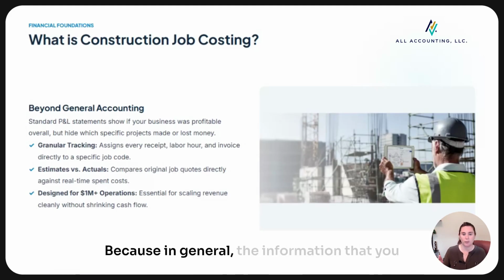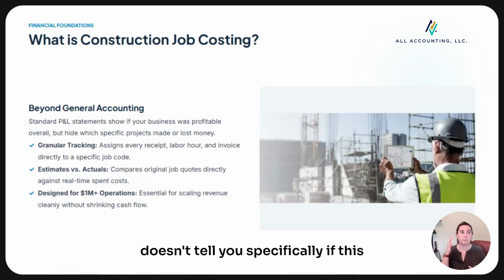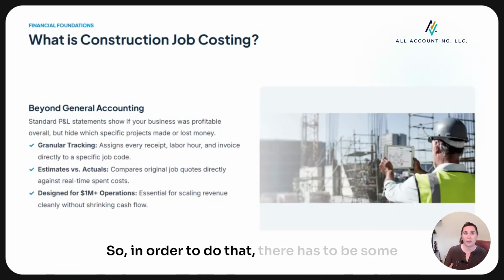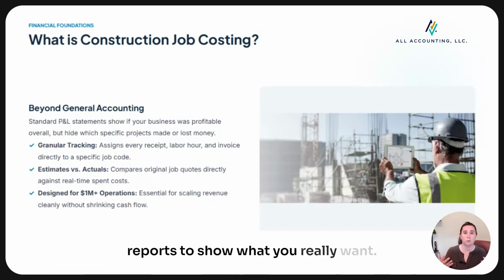In general, the statement tells you if you are overall profitable, but doesn't tell you specifically if this particular job or product is profitable. To do that, there has to be more tagging and coding in order to get those reports to show what you really want.